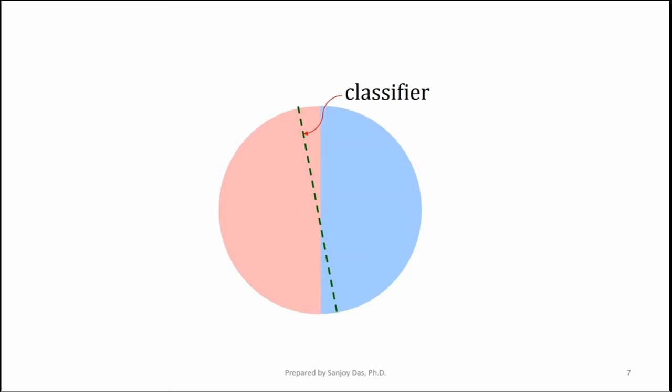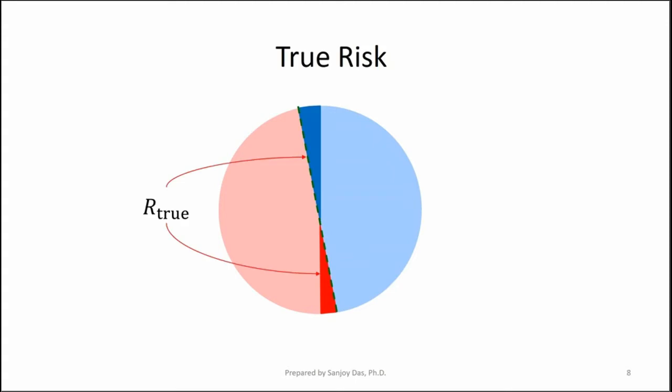There are actually two regions which the classifier will misclassify, and when we look at the entire region and the classifier superimposed, it can easily be seen that there are two regions which will not be classified correctly, and that reflects the true risk, or that will be the true error. That's the dark blue and the red regions.